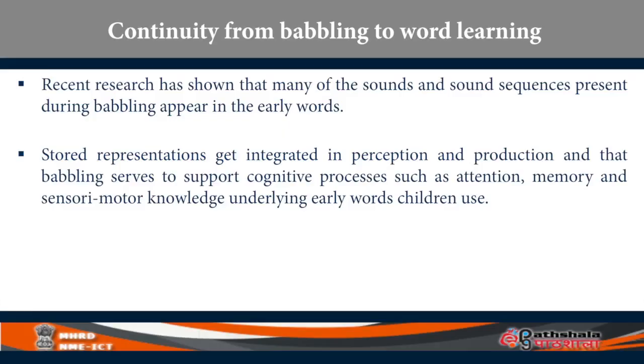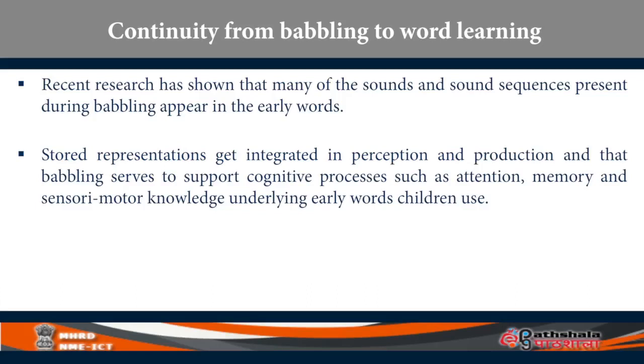There is some correlation between babbling and first words. When do the first words occur? According to Western textbooks, first words appear at 18 months. But from many data from Indian languages, our children start speaking their first meaningful words as early as 12 months or 14 months. So, there is a continuation between babbling and first words is what they are saying.